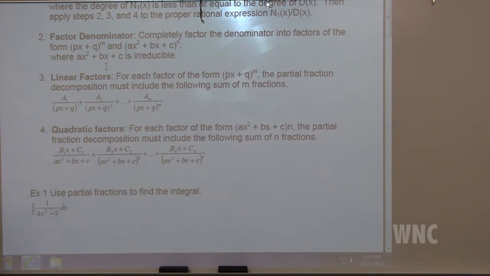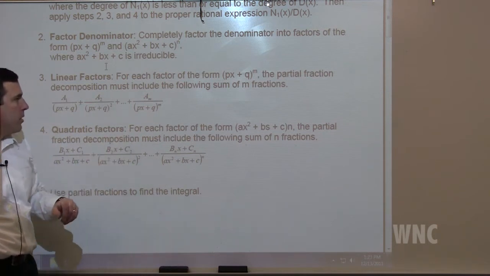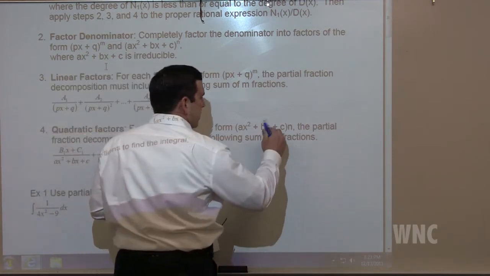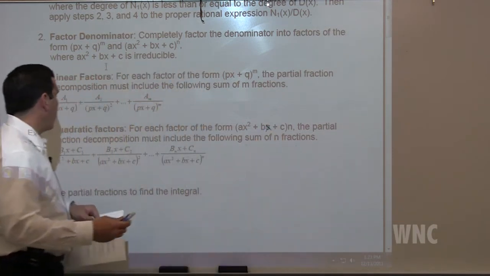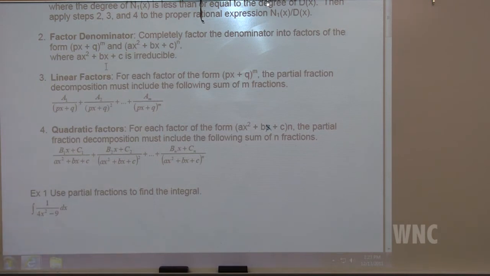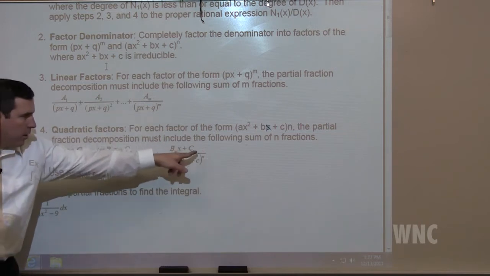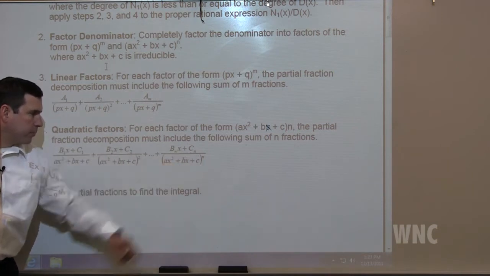Down here for quadratic factors, for each factor of the form ax^2 + bx + c to the n, the partial fraction decomposition must include the following sum of n fractions: (B1x + C1) over that quadratic, (B2x + C2) over the quadratic, all the way till you have n of them.